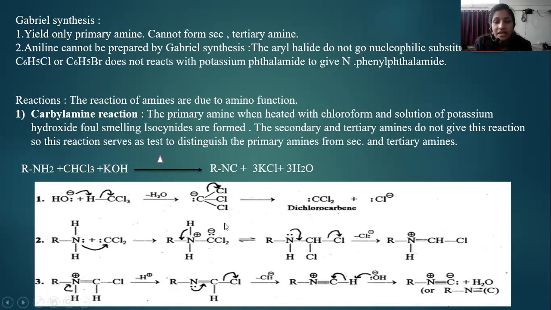In the next step, nitrogen is unstable, so we deprotonate one hydrogen present on the nitrogen atom. This stabilizes the nitrogen atom. Then nitrogen has one lone pair and generates a double bond between nitrogen and carbon, removing one chlorine atom, and we get RN double bond CH single bond chlorine.